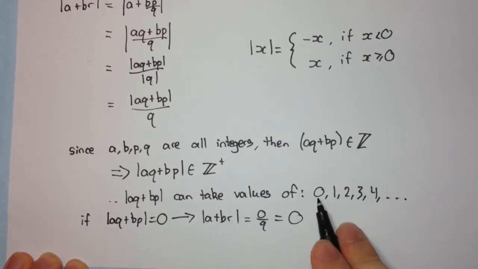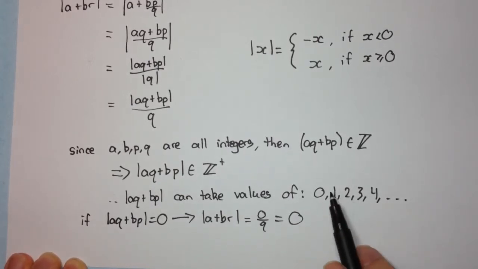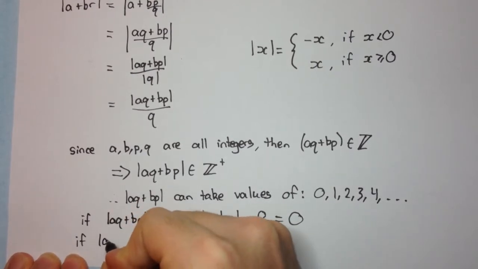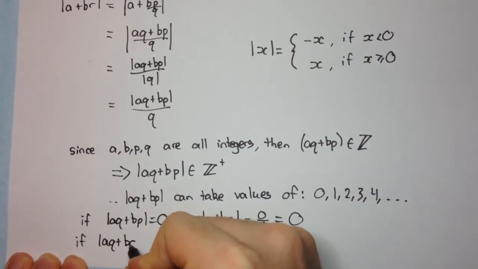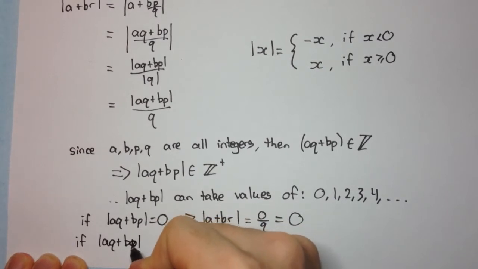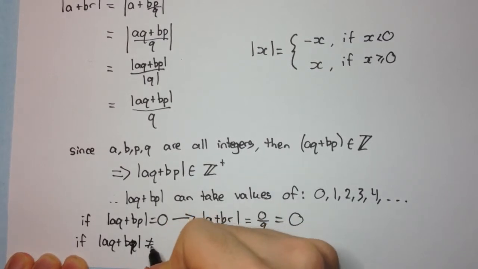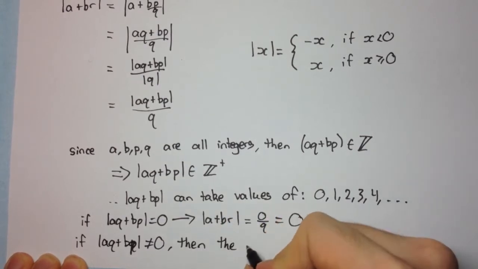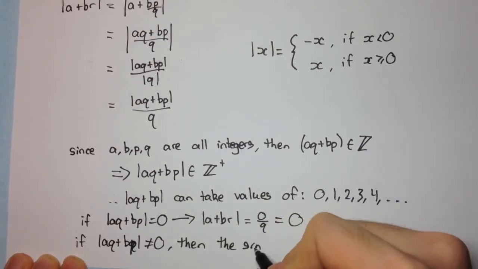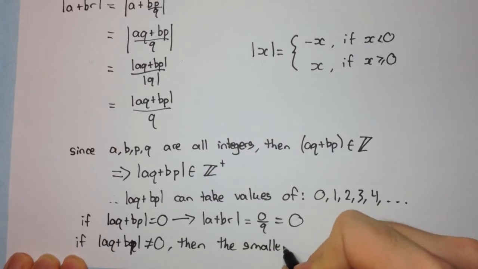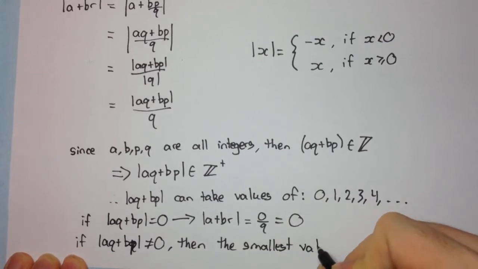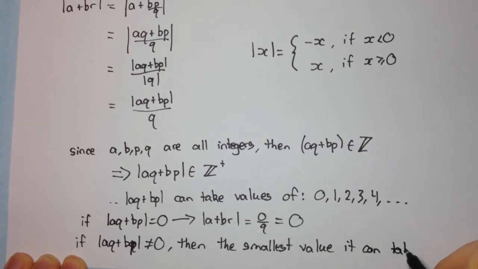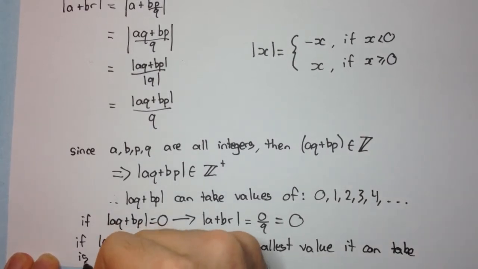That's obviously not 0. So this is the trivial case. So in these cases here, let's just say if this absolute value, that's a P, is non-zero, then the smallest value it can take is 1.